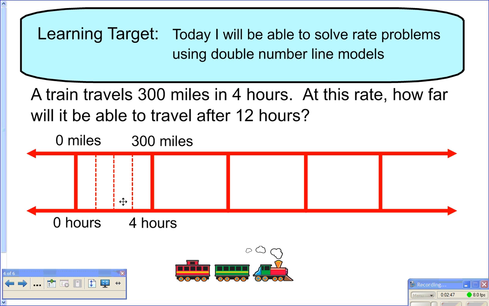But here we're looking at 4-hour increments. So if every 4 hours the train will travel 300 miles, after 8 hours the train should travel 600 miles. Double the amount of time should be double the distance. Every 4 hours is another 300 miles, so after 12 hours the train should travel 900 miles. We just add another 300 miles to the previous 4-hour increment.